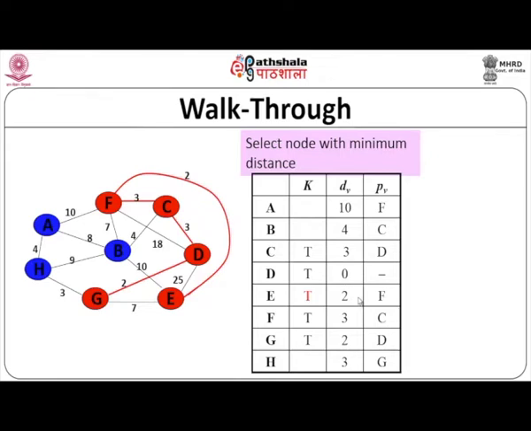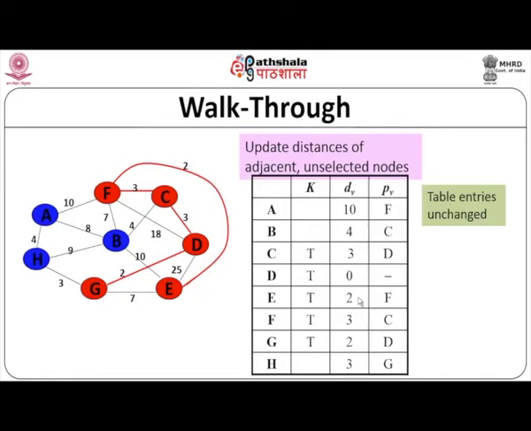Now, you have to update with E. The only new node that comes into the picture, because G is already considered for E and D is considered for E, is B. So, B 10, but B is already only 4. So, update distances, the table entries remain unchanged because the B that you have has 10, while it is already only 4. So, we do not have to consider it. G and D are already included and E is not connected to any other node except these nodes.